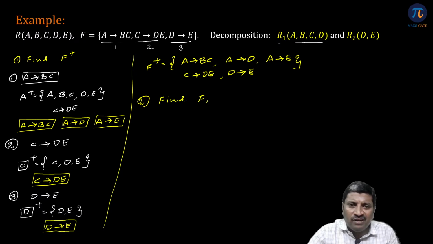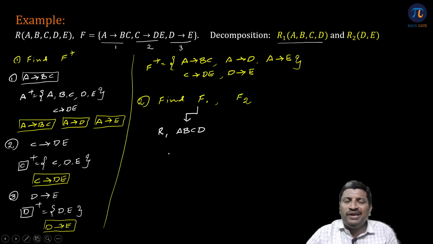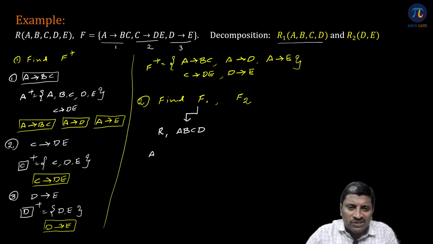Find F1 and F2. For that, first we need to consider the attributes of R1. What is R1? A, B, C, D. Write the FDs which consist of only these 4. A implies BC, it's fine.